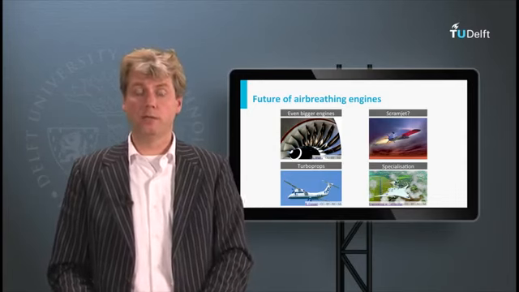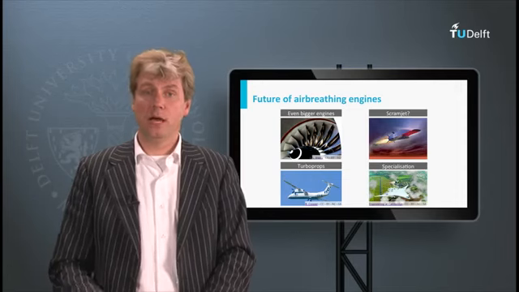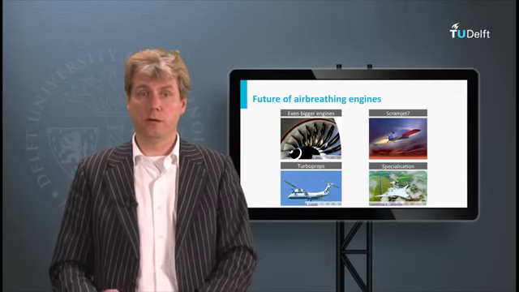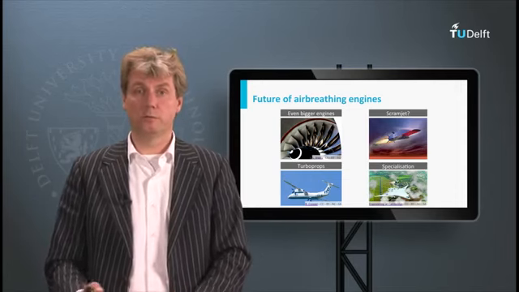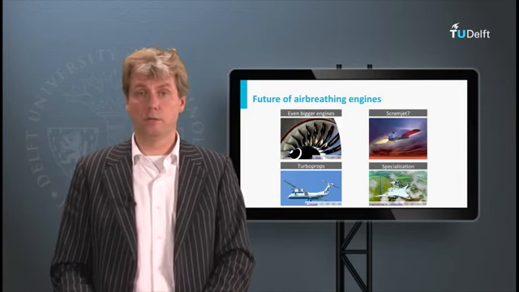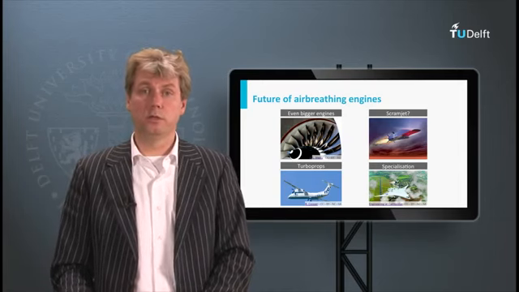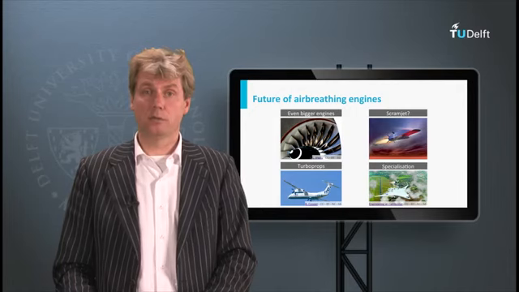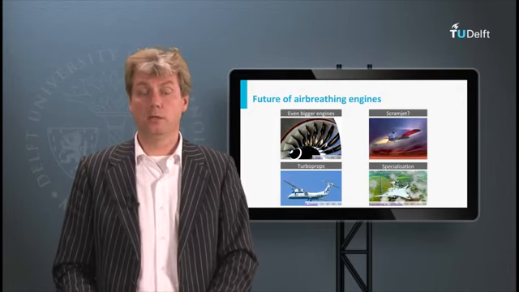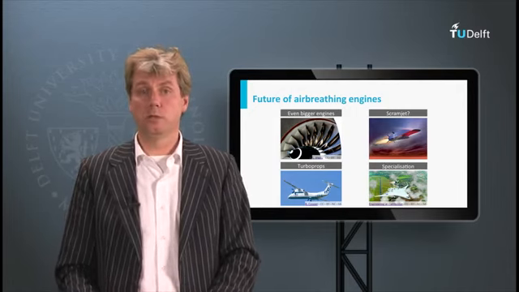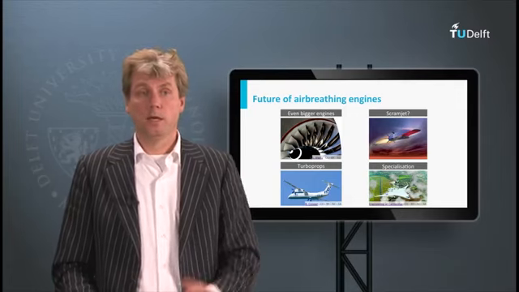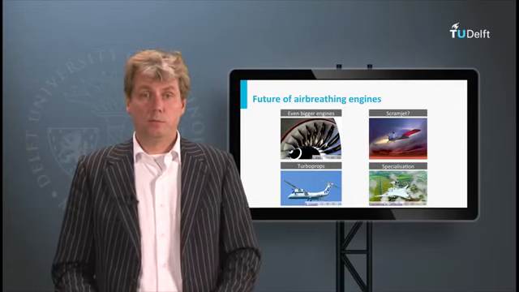Some say that you gain some efficiency there, and that the advantages of being able to fly to Australia in only a few hours from Europe is an advantage which might be sufficient to introduce this hypersonic aircraft again. And then we need a scramjet, a supersonic combustion ramjet. And who knows, there might be more specializations.